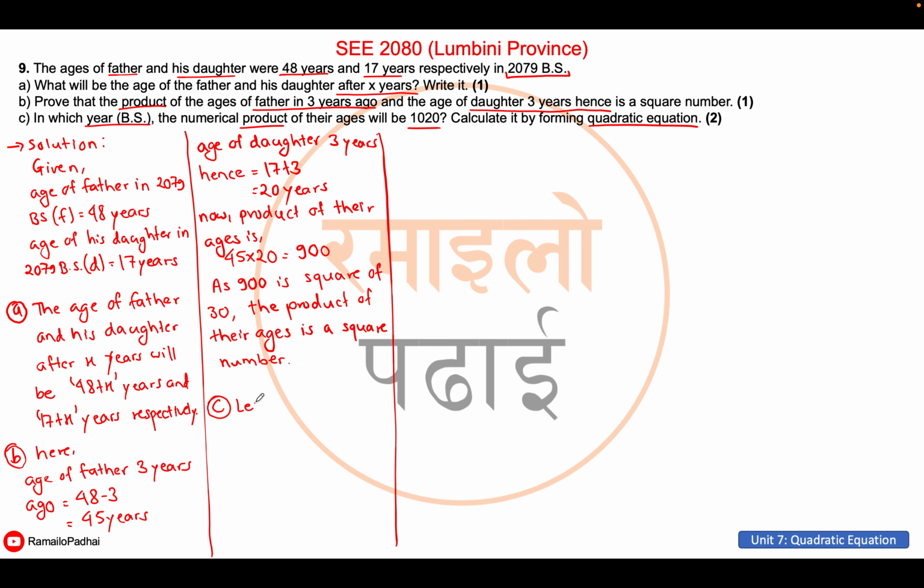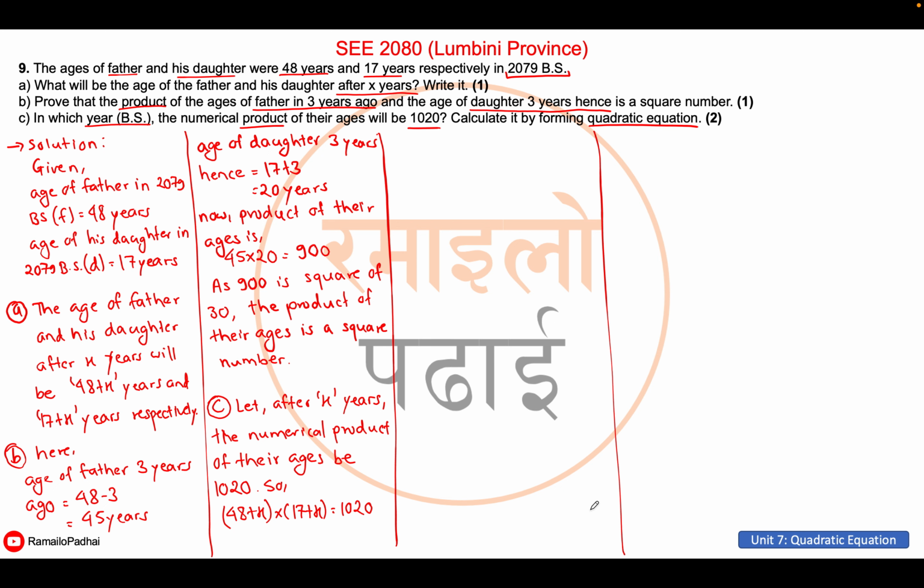So let after x years the numerical product of their ages be 1020. Okay, so (48 plus x) multiplied by (17 plus x) is equals to 1020.